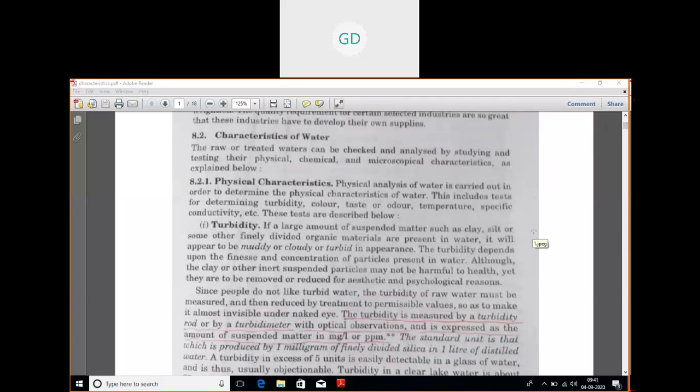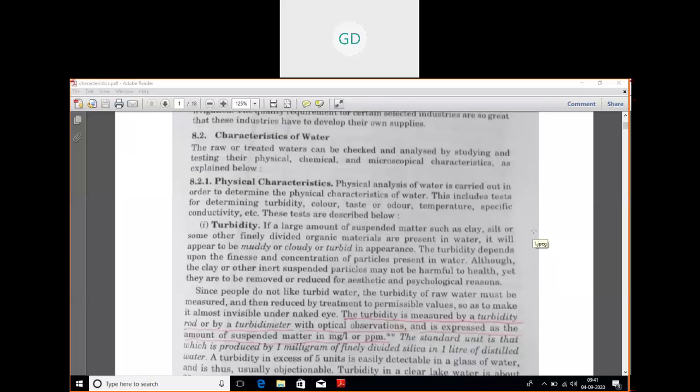So what are the characteristics that an engineer should check? We should know the characteristics of water which are to be checked before it is supplied to the public, in order to ensure health and economy.